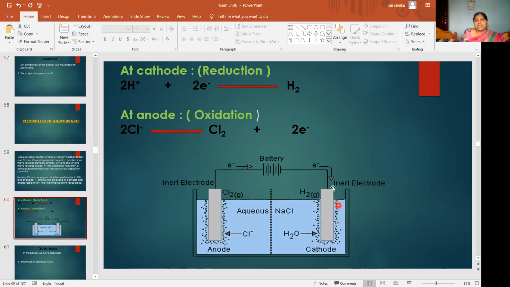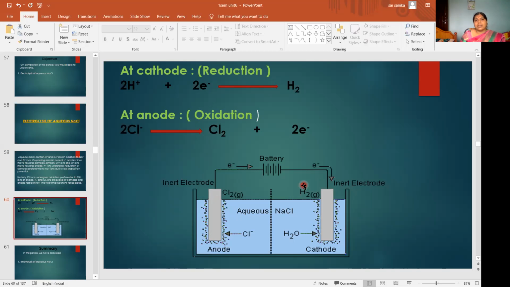Whereas in aqueous NaCl, what is happening? Here, in addition to Na plus and Cl minus ions, two more ions are present, that is H plus and OH minus ions. That means two cations and two anions are present.